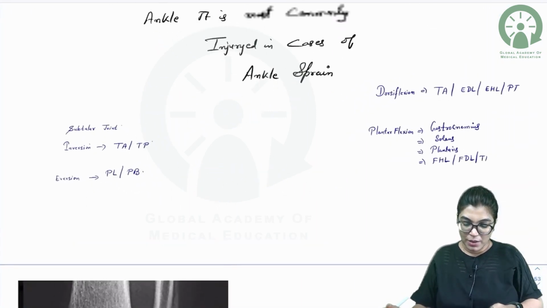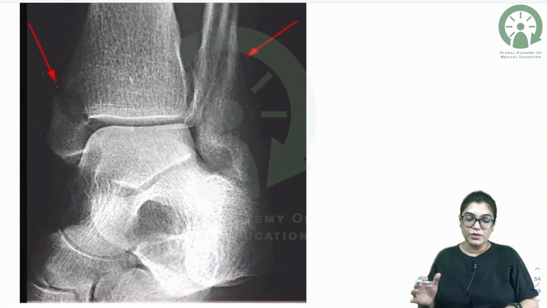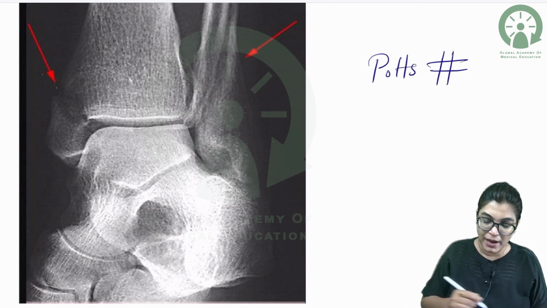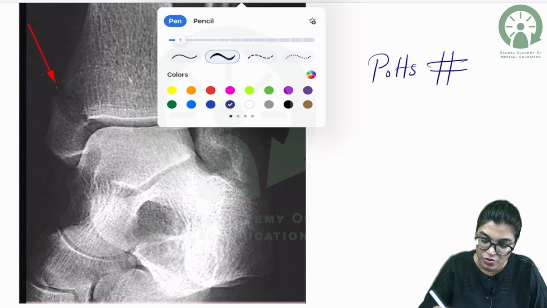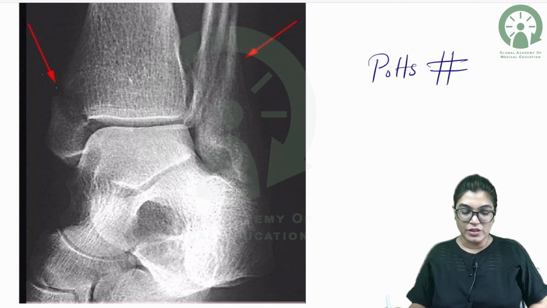Now, coming to the applied anatomy, that is Pott's fracture. Pott's fracture is a bimalleolar fracture, but it can be trimalleolar. You can see here there are 3 stages of Pott's fracture.